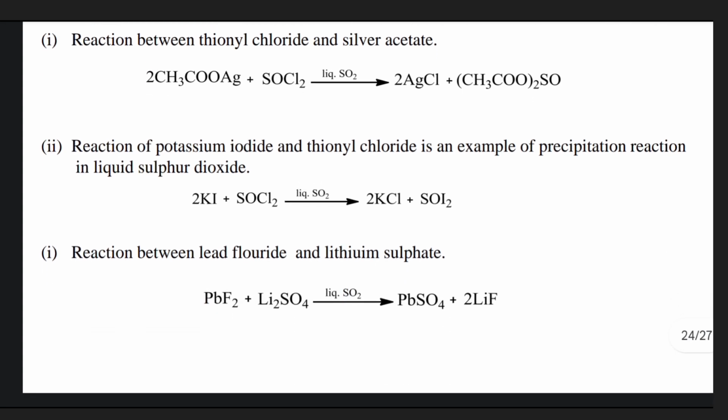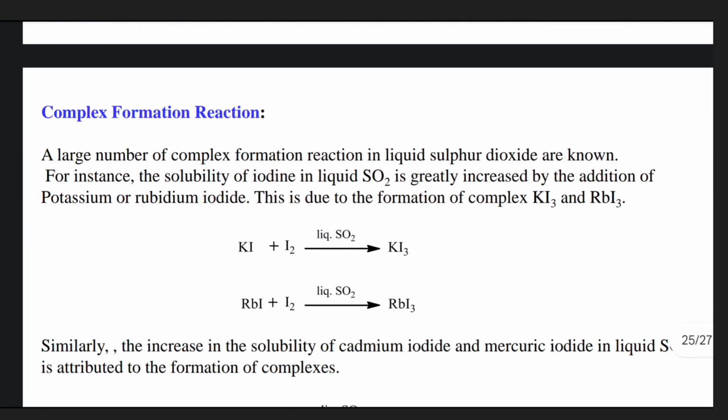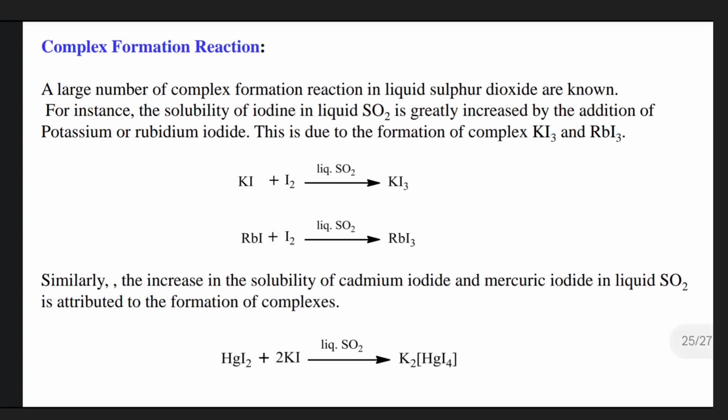Reaction between lead fluoride and lithium sulfate. So, lead fluoride plus lithium sulfate gives out lead sulfate plus lithium fluoride. Complex formation reaction. A large number of complex formation reactions in liquid sulfur dioxide are known.